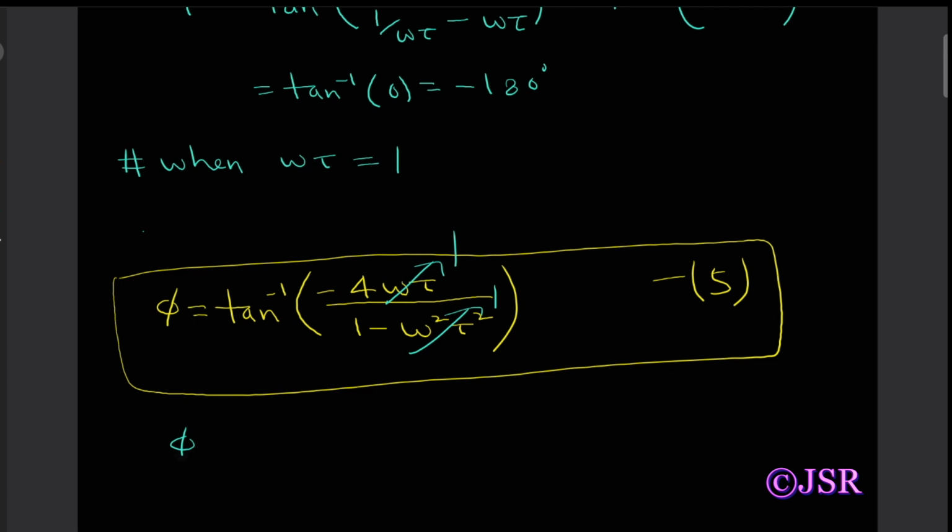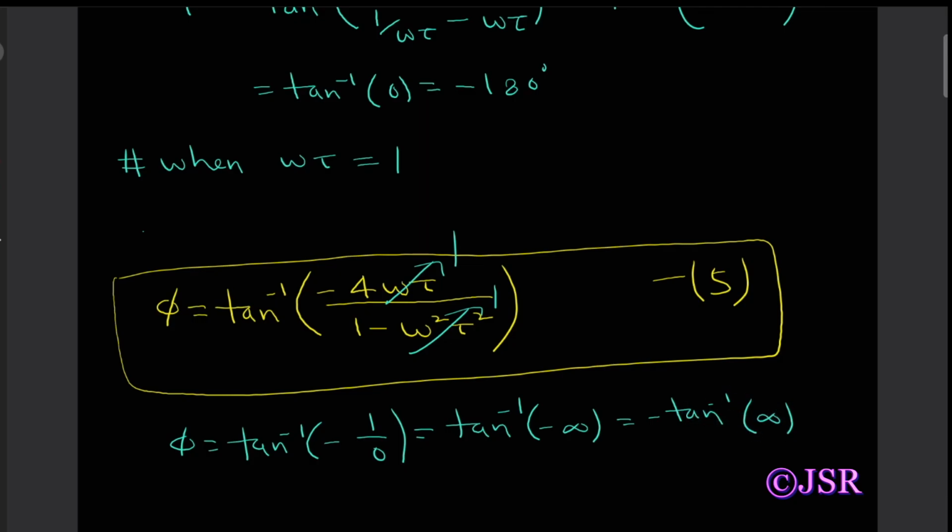So phi will be equal to tan inverse of minus 1 upon 0, and that will be equal to tan inverse of minus infinity, and that is minus tan inverse infinity.